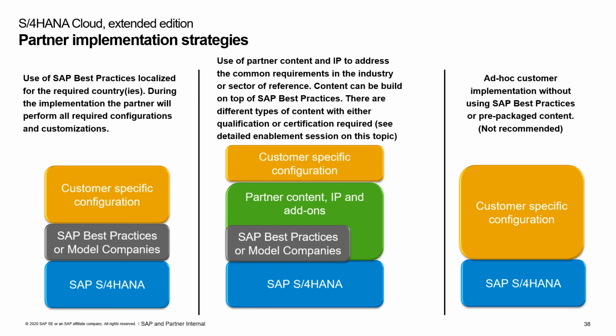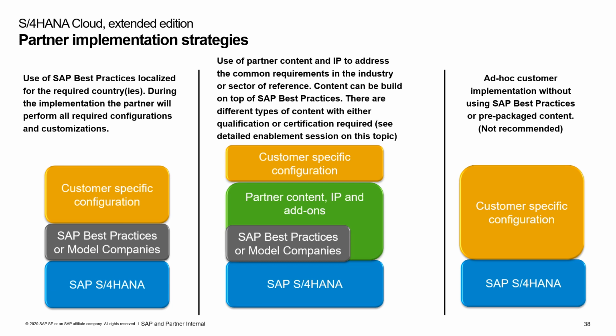In the middle, we see the use of partner content and IP to address the common requirements in the industry or sector of reference. Content can be built on top of SAP best practices or model company, and you can see this in green. There are different types of content with either qualification or certification required for your partner content. See the detailed enablement session on this topic for more information.